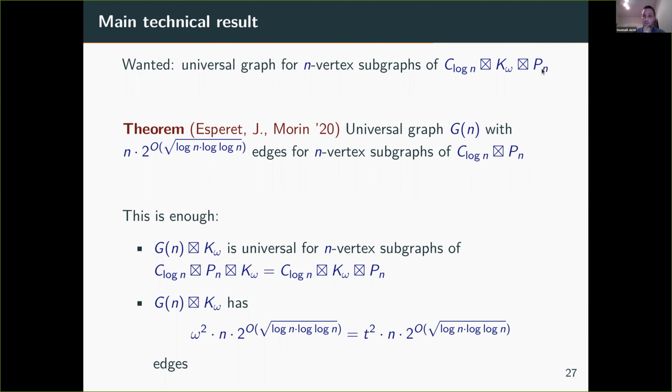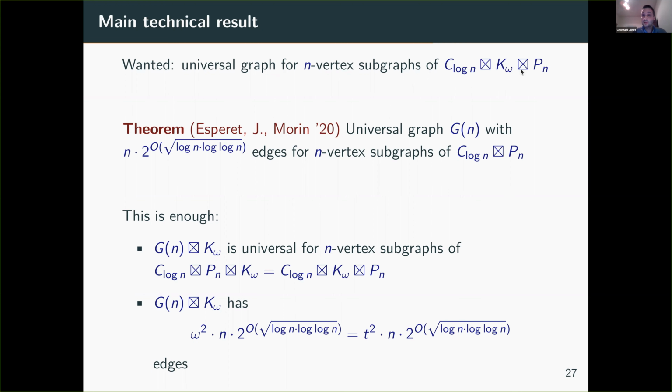This is what I mean by Pn. But then for the bounded weight part, we decided to replace this by a universal graph for tree T so that we can fix the left part. And I chose this C log n times K omega as a universal graph. That's one choice. We could have chosen another one, but that's the choice I'm going to make here.